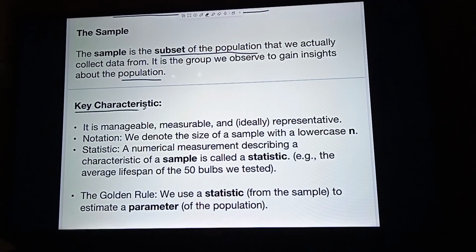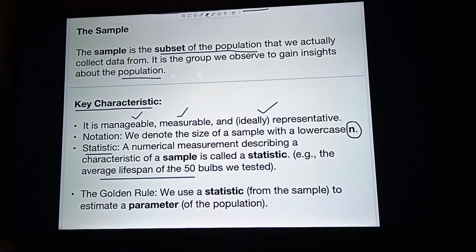The key characteristics of the sample include it is manageable, measurable, and ideally representative. We denote its size with the small n, and a numerical value calculated from the sample is called a statistic. For example, in the above case, the average lifespan of 50 would be a statistic. So we use a statistic from the sample to estimate a parameter from the population.